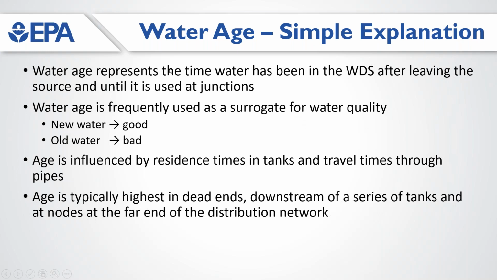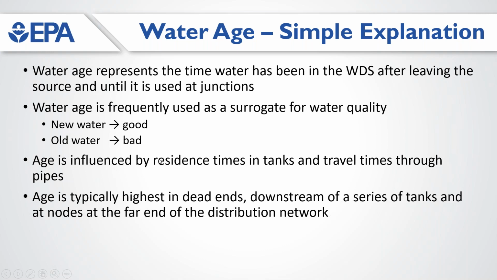Water age represents the time water has stayed in the distribution system after leaving the source until it's consumed. Water age is frequently used as a surrogate for water quality. New water, we say, oh, it's good water, it's fresh water. Old water, we say, probably it's likely to be worse.